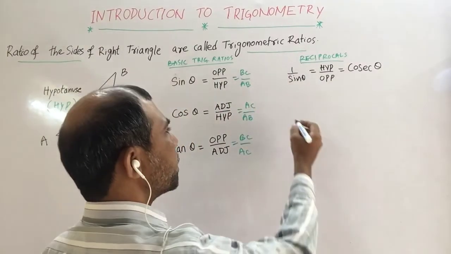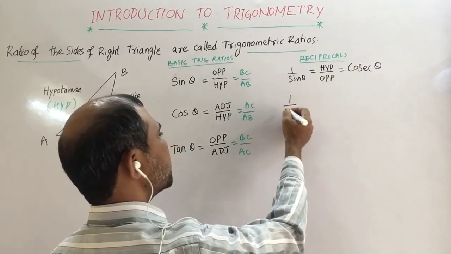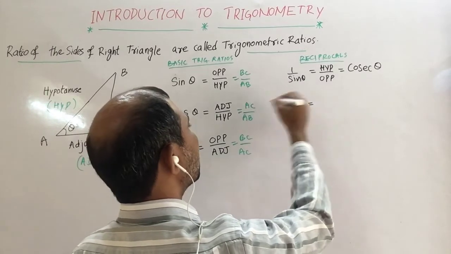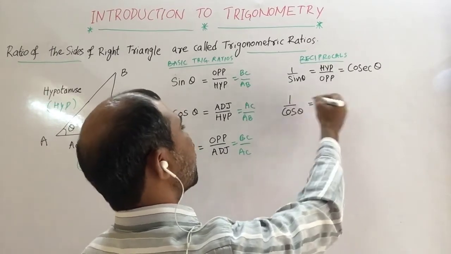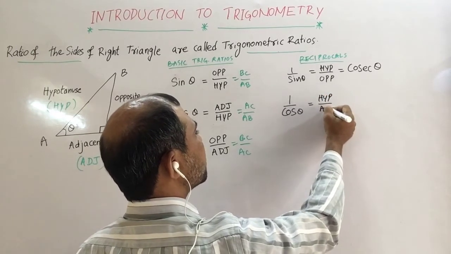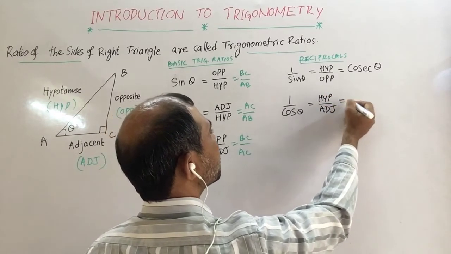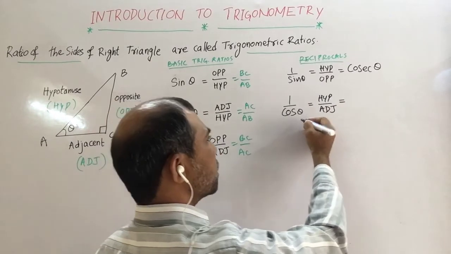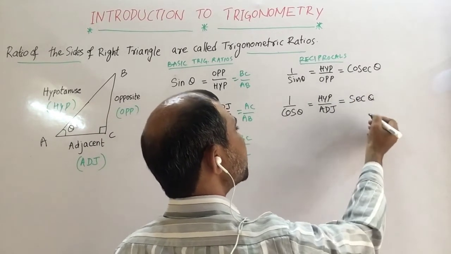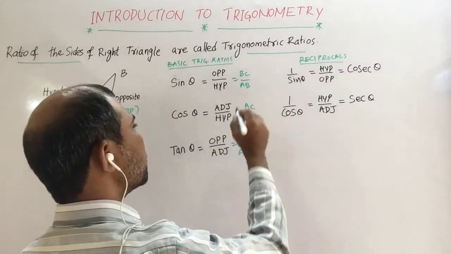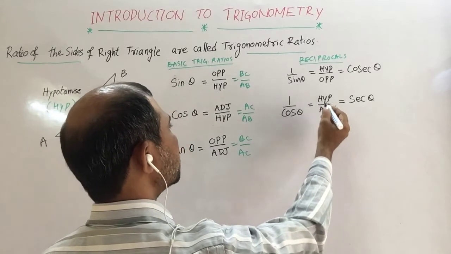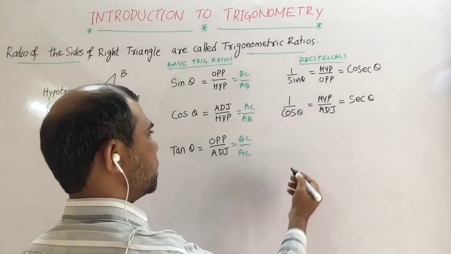Similarly, if you take the reciprocal of cos theta, 1 over cos theta is equal to hypotenuse over adjacent. This is secant theta. So secant theta is the reciprocal of cos theta, and the basic definition is hypotenuse over adjacent.